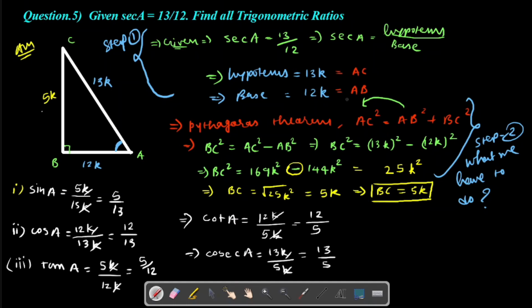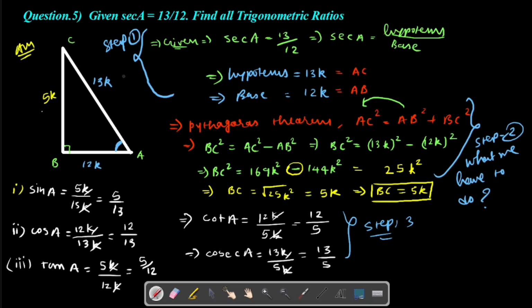Now step 3. Step 3 is very important, because whenever you write all the values, you tend to skip step 3.